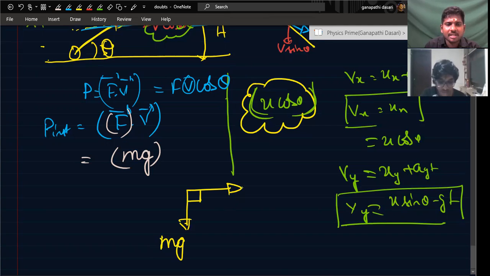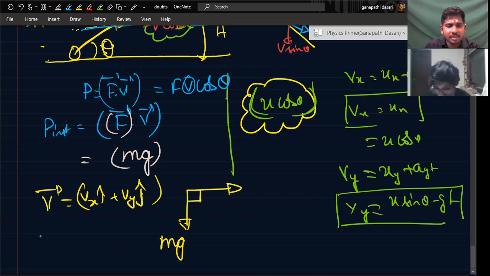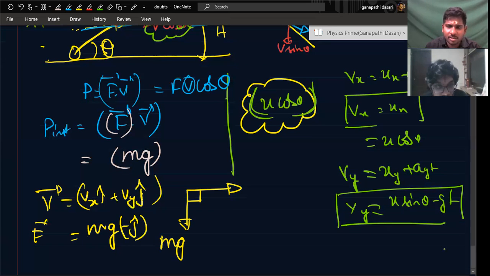U cos theta will be horizontal, mg will be vertical. That means I can write the velocity vector at the two heights, at half of the height there are two velocities, as Vx i cap plus Vy j cap. I'm just writing the force as mg into minus j cap, vertically downwards.